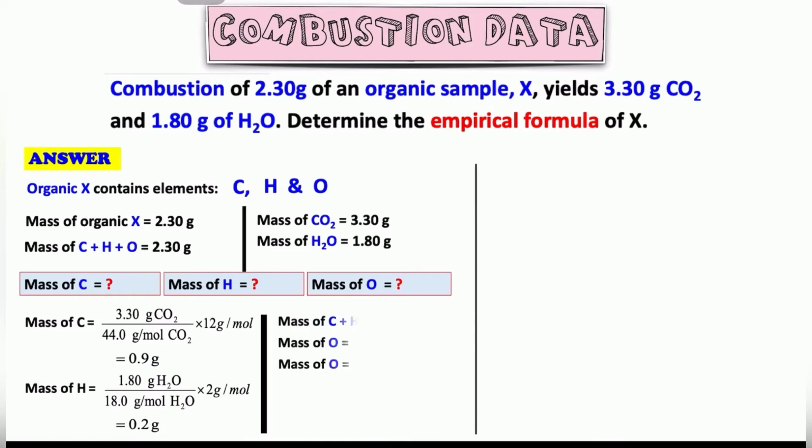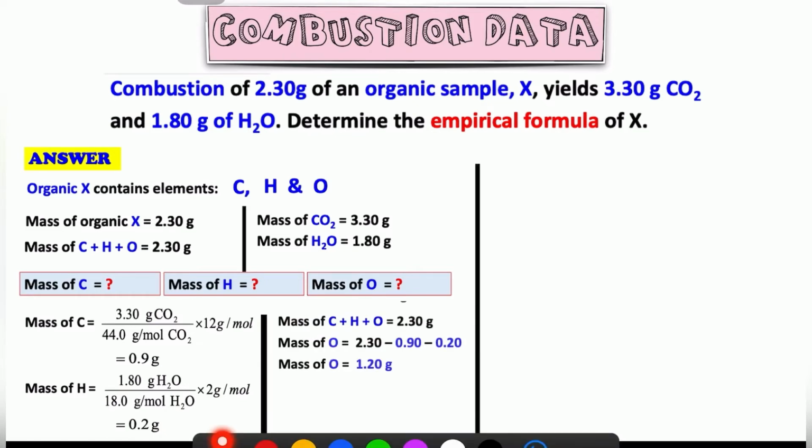To get the mass of the oxygen, because the organic sample X has carbon, hydrogen, and oxygen, and now you already have the mass of carbon and hydrogen, the mass of the sample is 2.3 gram. Then you take 2.3 minus the mass of the carbon and hydrogen, and you will get the mass of the oxygen as 1.2 gram.